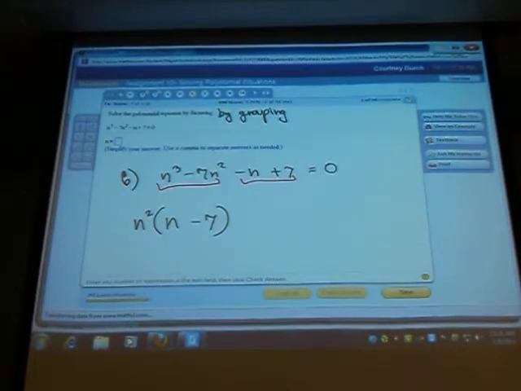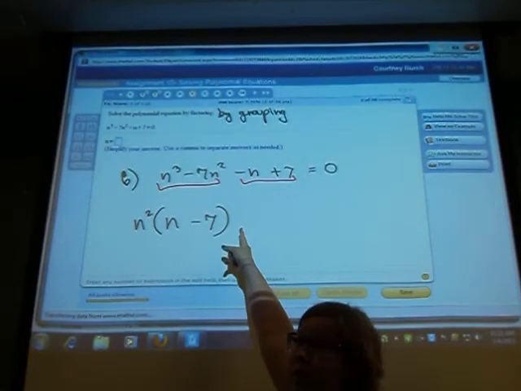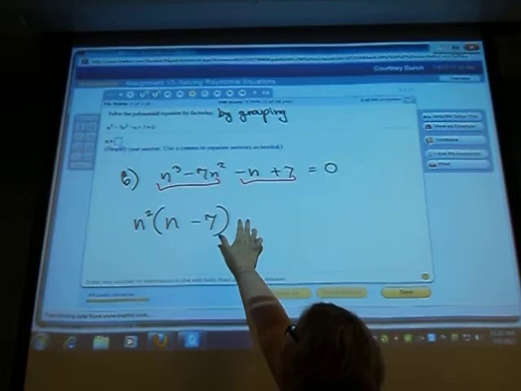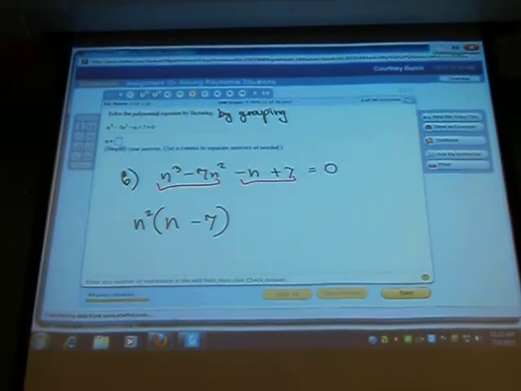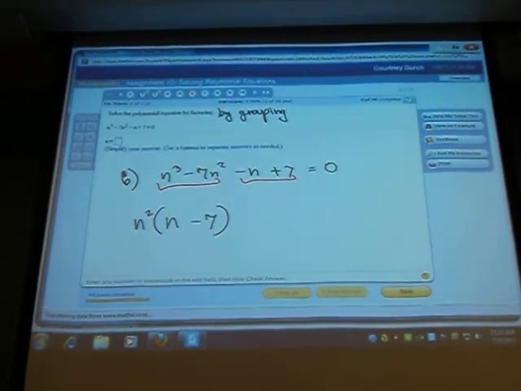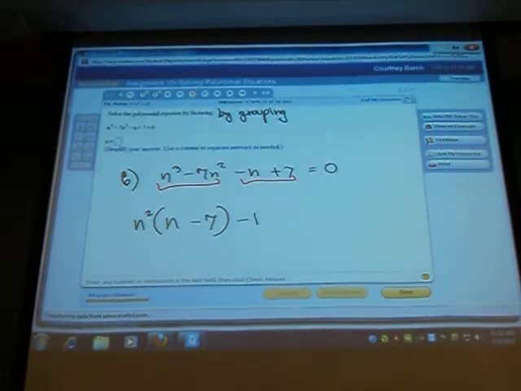Now here's a trick. I just know this trick from doing a lot of these. If you've got a negative in the middle there, then what you take out of the second group needs to be negative. Now n plus 7 doesn't have any common factors, so what I need to take out there is negative 1.